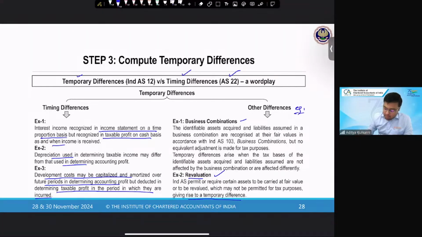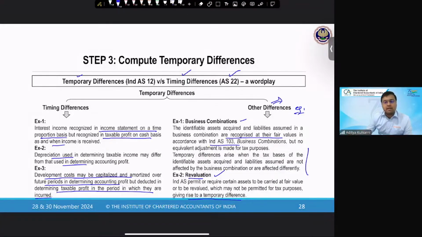In business combinations under Ind AS 103, assets and liabilities are taken over at fair value. They will be recognized at their fair values. For tax purposes, I don't do any fair value adjustments. So therefore, it gives rise to a temporary difference. Is it okay? These items you will not see under the AS22 regime.